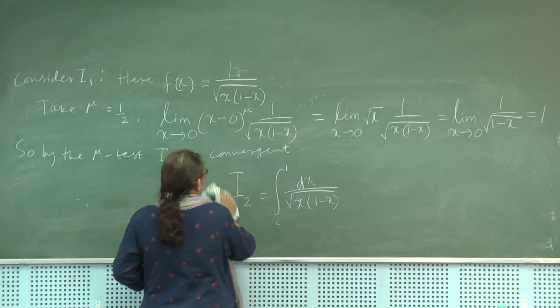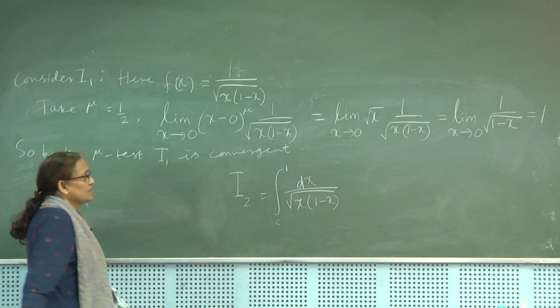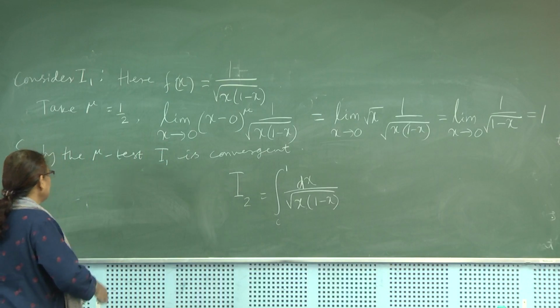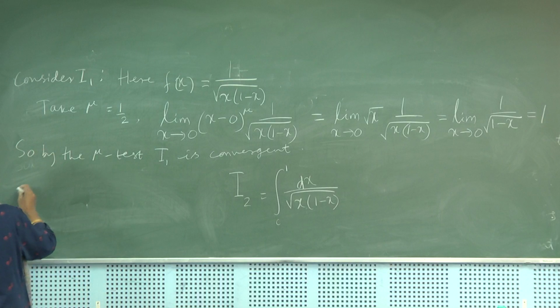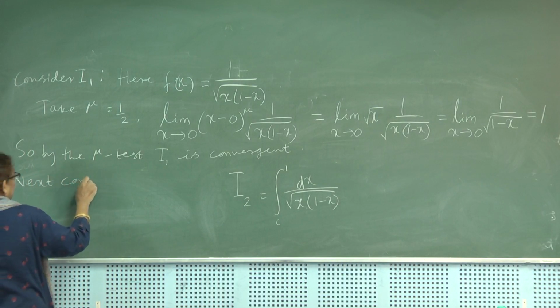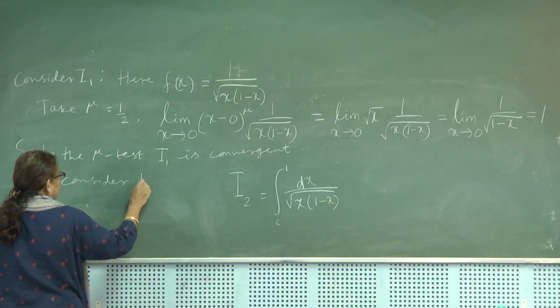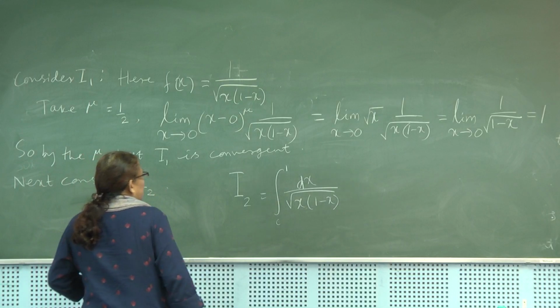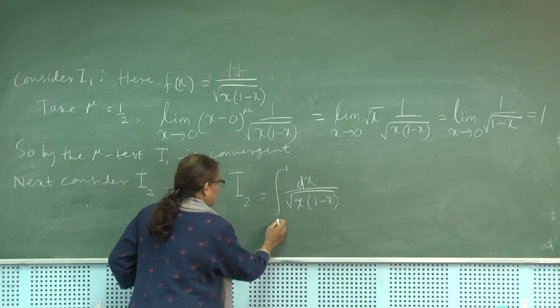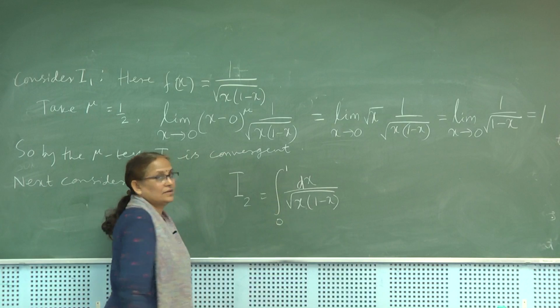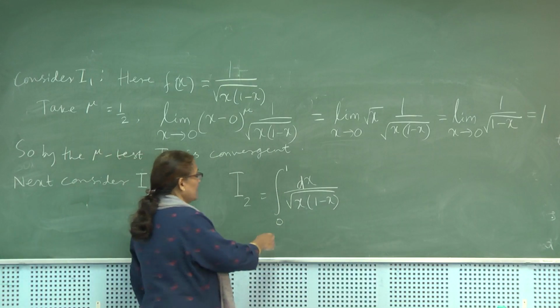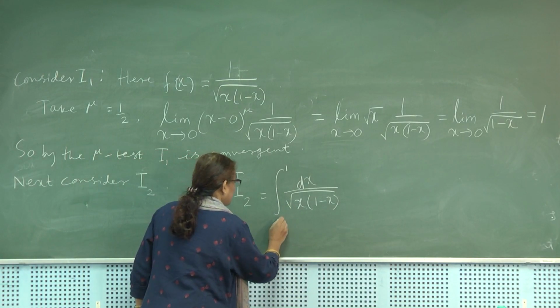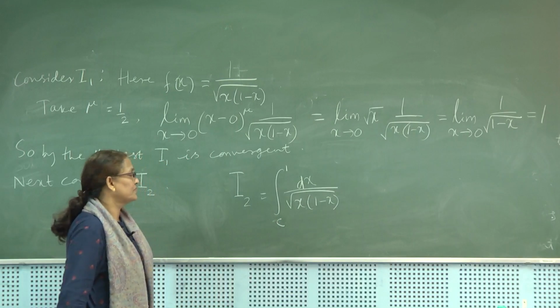Next, we shall look at this improper integral I2. So, next we consider I2. Look at this: I2 is the integral, oh sorry, this was c, not 0.